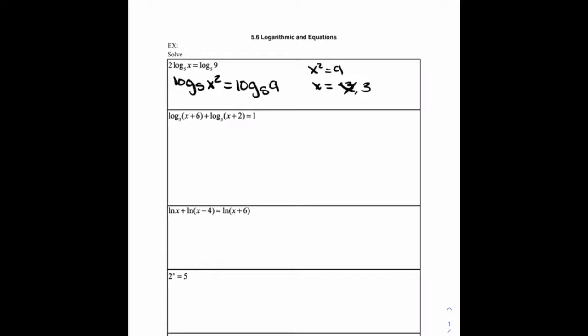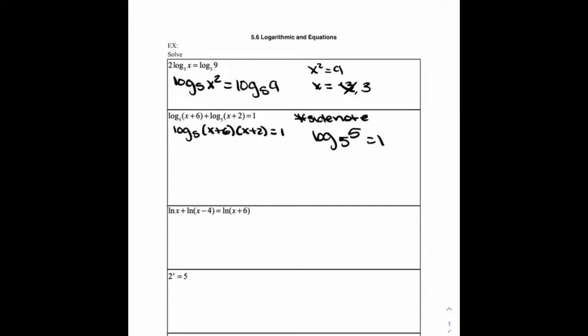Alright, for this next one, we want to use those log properties and change the left side. Since we're adding 2 logs with the same base, you can combine them and multiply. So log base 5 of x plus 6 times x plus 2 equals 1. And then as a side note, if you want something that equals 1 with a log, it's log base whatever to the same.